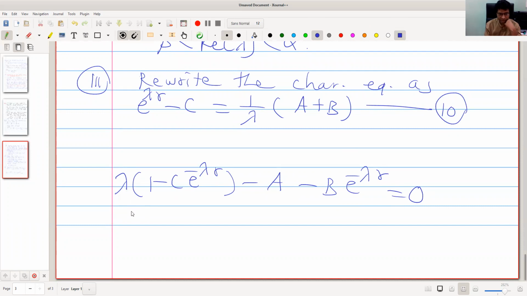So this becomes e raised to lambda r minus c, minus a by lambda e raised to lambda r, minus b by lambda.